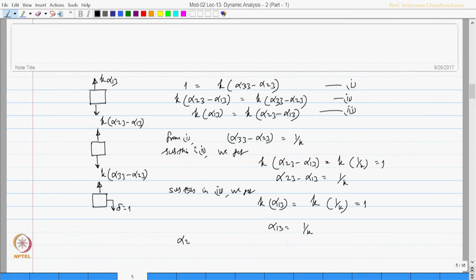So, alpha 2 3 is 1 by k plus 1 by k, which is 2 by k, and alpha 3 3 is 1 by k plus 2 by k, which is 3 by k. So, now I get alpha 1 3, alpha 2 3, alpha 3 3 as 1 over k, 2 over k and 3 over k.